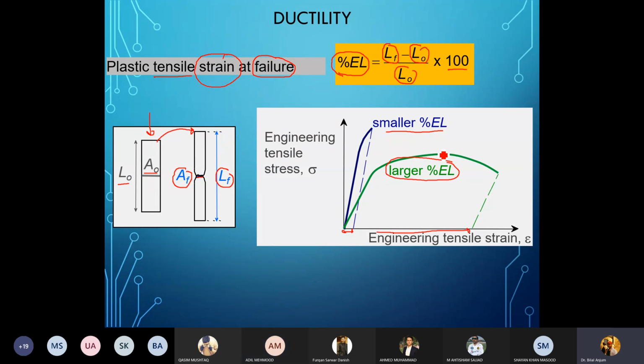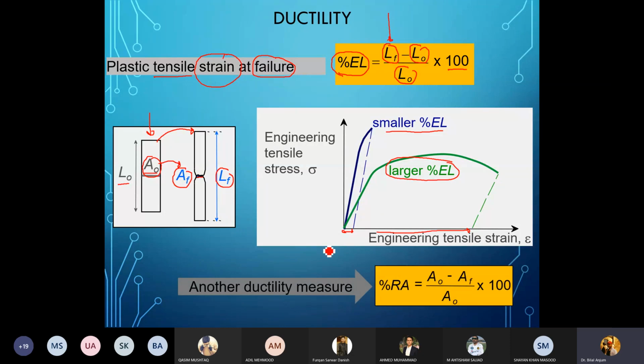There is another way in which you can define the ductility of a material. You use the dimension length to define ductility, but you can also see that as the length was increasing, the area was also changing with respect to the tensile load.